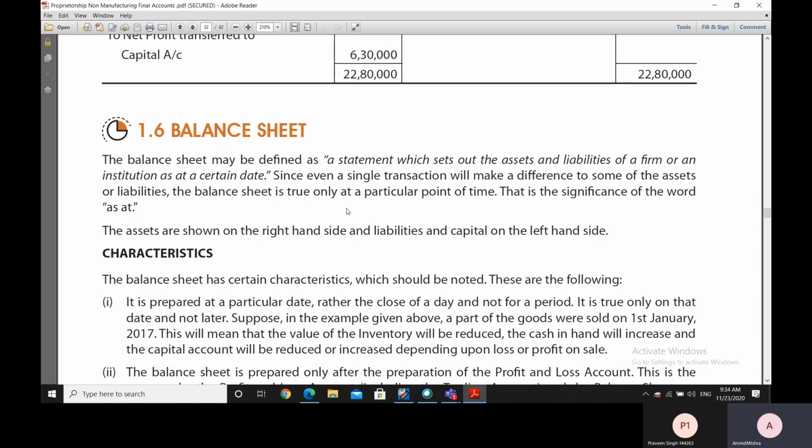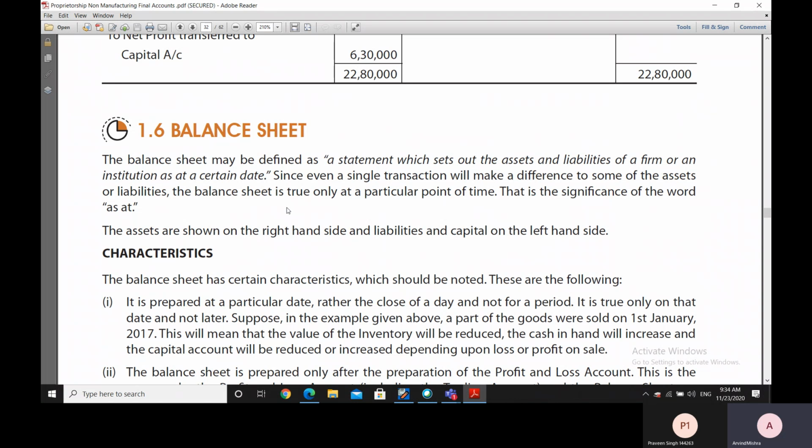So as we go on making transactions, we are changing the amounts in the balance sheet also. Every transaction is making some change in the balance sheet, and therefore the balance sheet is constantly changing. A balance sheet is not a stationary statement, it is constantly evolving and changing.